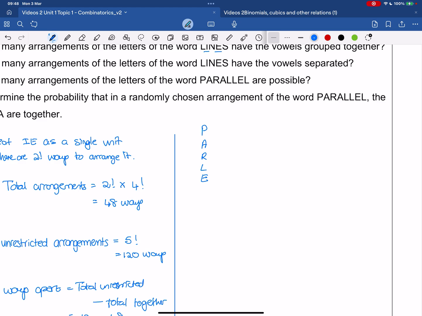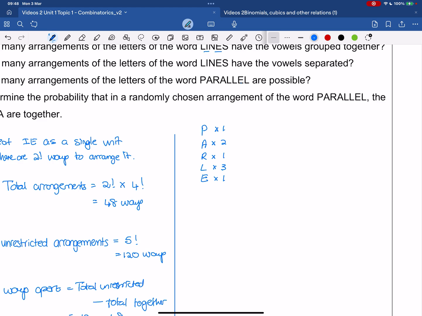So I can just see I've got a P, A, R, L, E, and I've got 1 P, 2 A's, 1 R, 3 L's, and 1 E. And then you can just count 1, 2, 3, 4, 5, 6, 7, 8. I've got 8. It's important that you get the numbers right, so find a way so that you've got all of those correct.